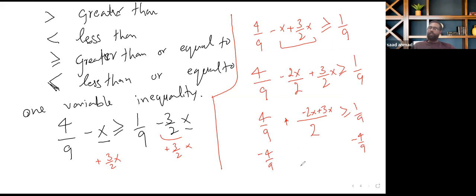So we will get x over 2 is greater than or equal to 1 over 9 minus 4 over 9. So 1 over 9 minus 4 over 9 is equal to minus 3 over 9.